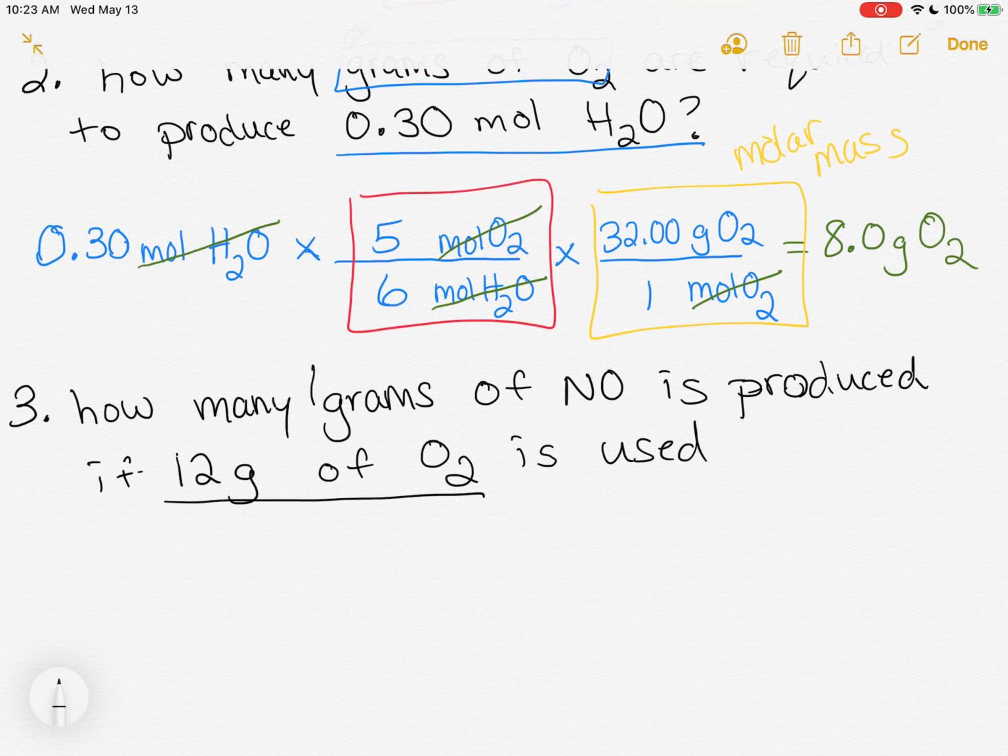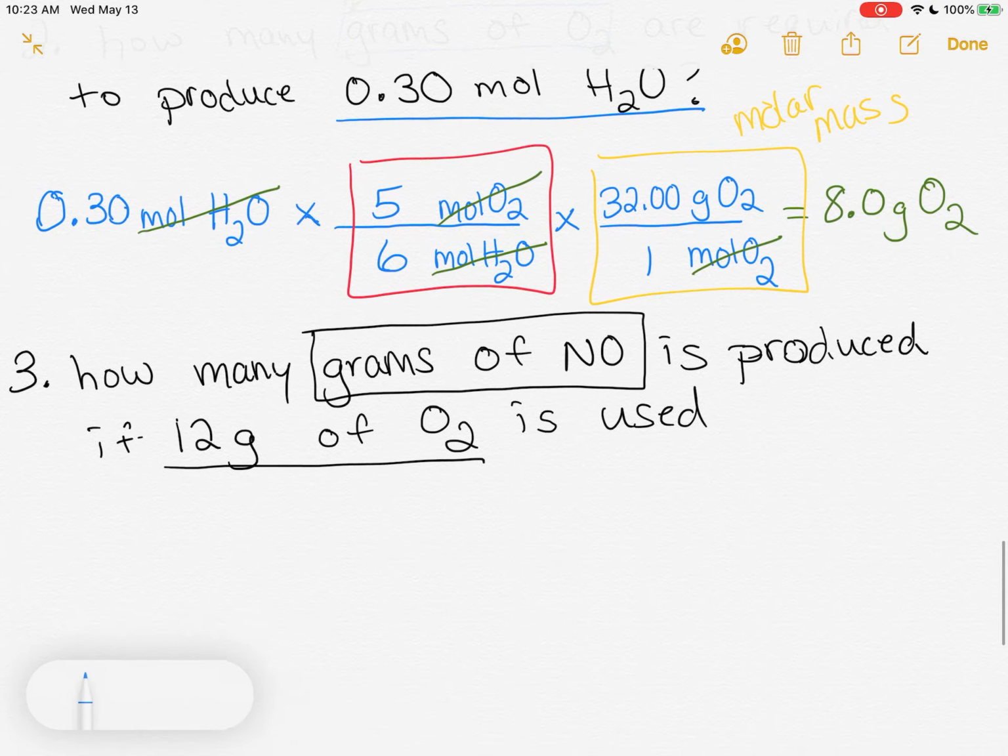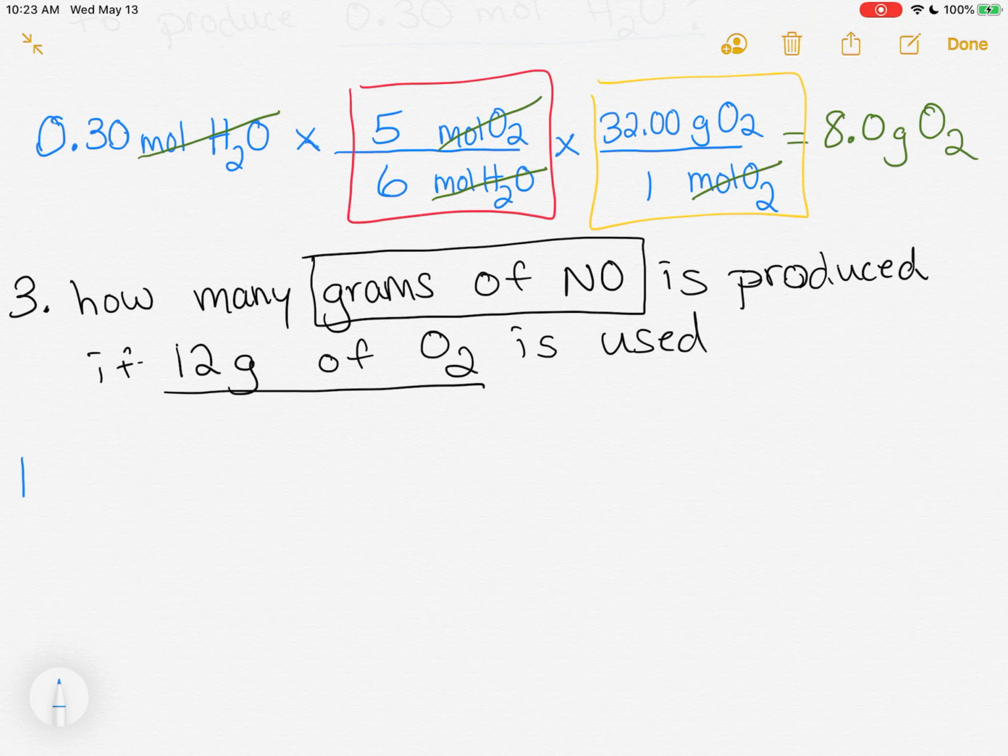All right. So we are going to start with our 12 grams of O2, and we want to find how many grams of NO. All right, so we're starting with our 12 grams of O2, and we're going to need to multiply by a conversion factor. This conversion factor, though, is going to have to get rid of our grams of O2.